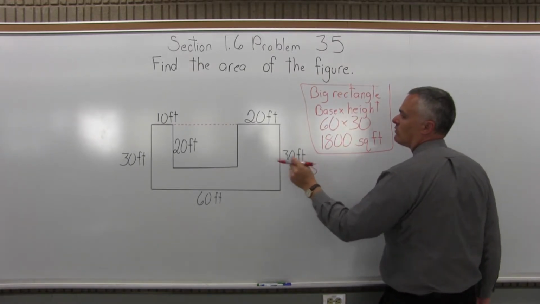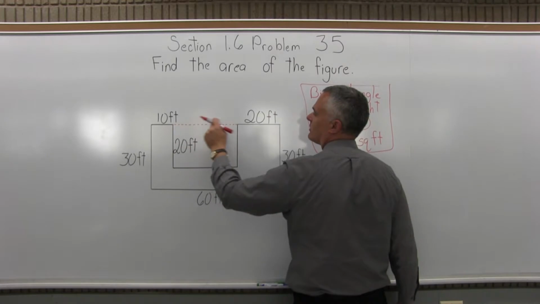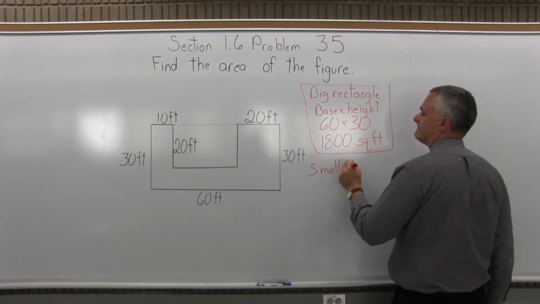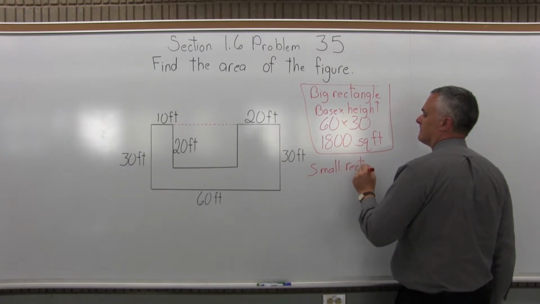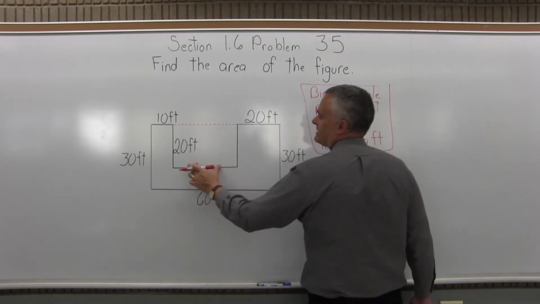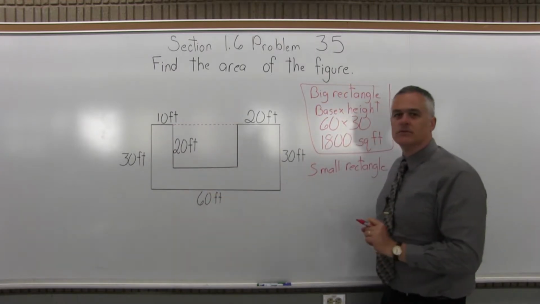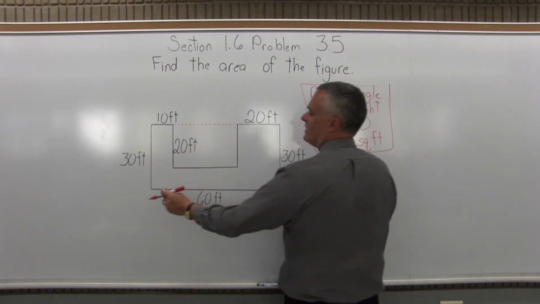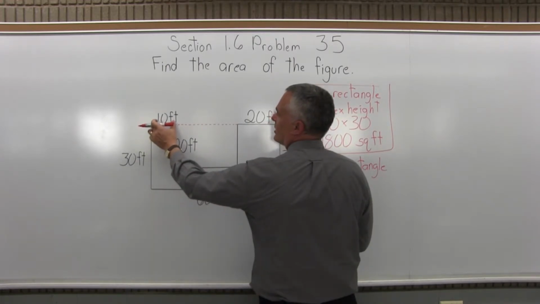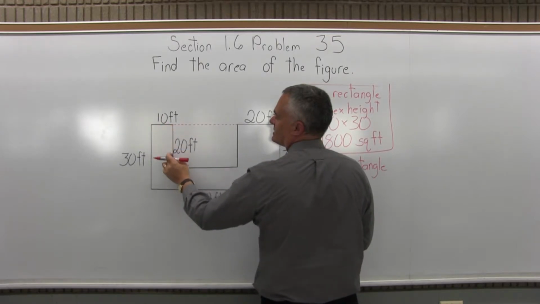Now the small rectangle that has a dotted line across the top, it has a base of, oh, we don't know. Well, we can figure it out. It's 60 feet across the big rectangle altogether, and it's 10 feet to go from the left edge to where the edge starts coming down.